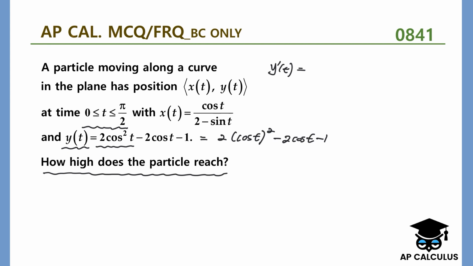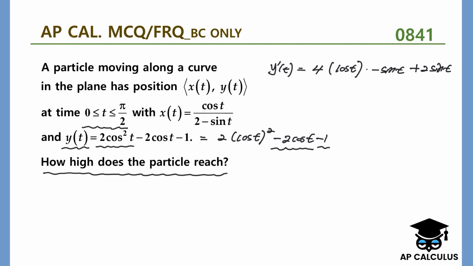So y prime of t is 4 cosine t times the derivative of cosine, negative sine. Now the derivative of minus 2 cosine t is plus 2 sine t, and the derivative of negative 1 is 0.